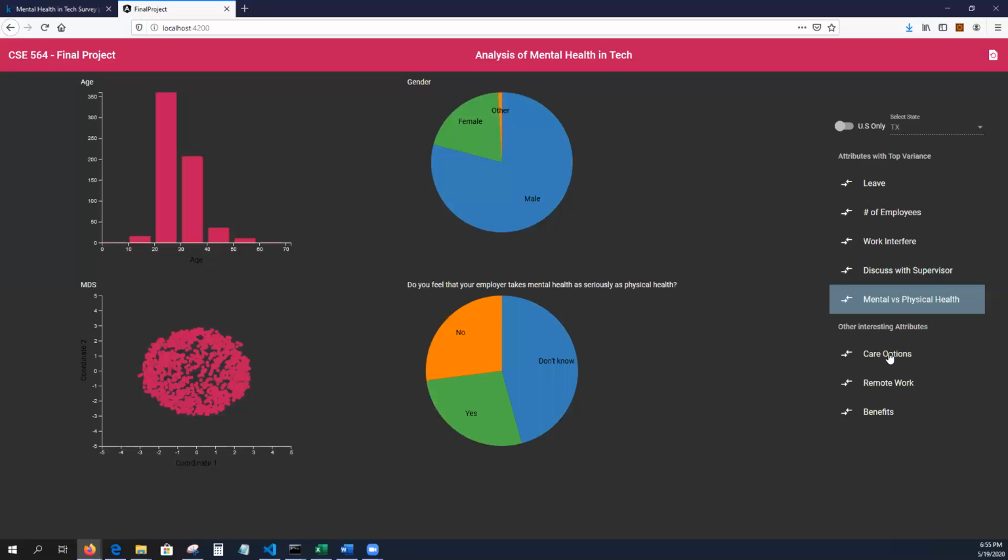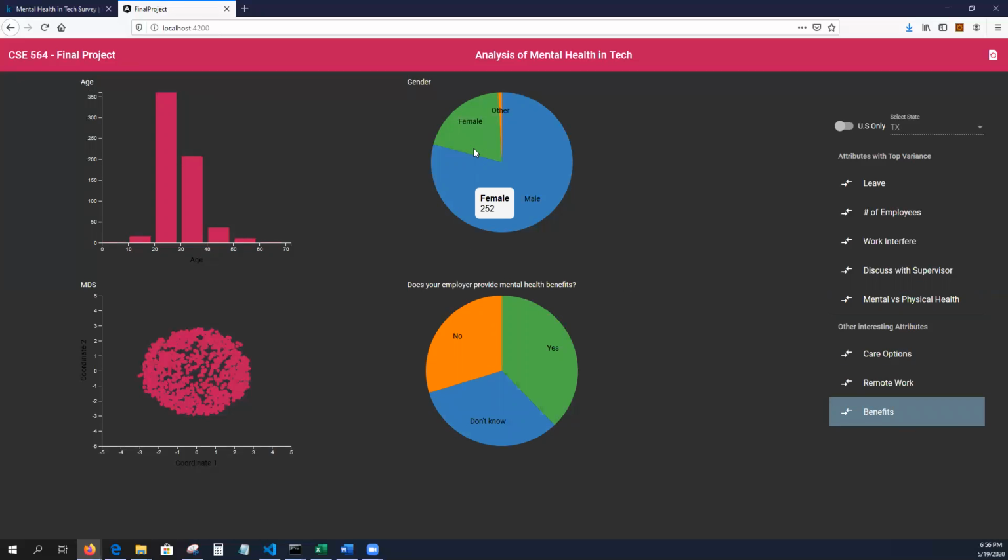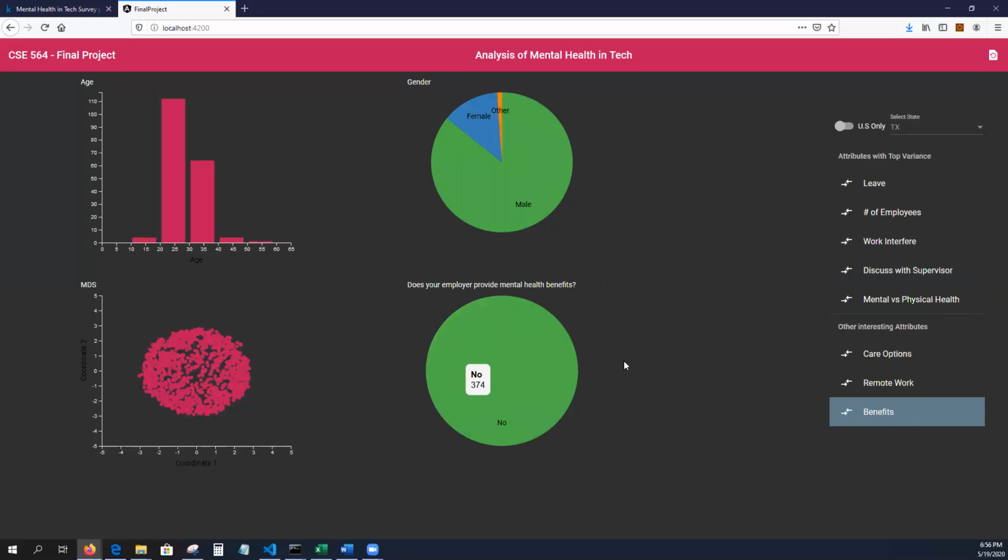Similarly, we have given different options of filtering based on how many benefits an employer provides. As benefits increase, we observe that the age group has reduced towards the end.